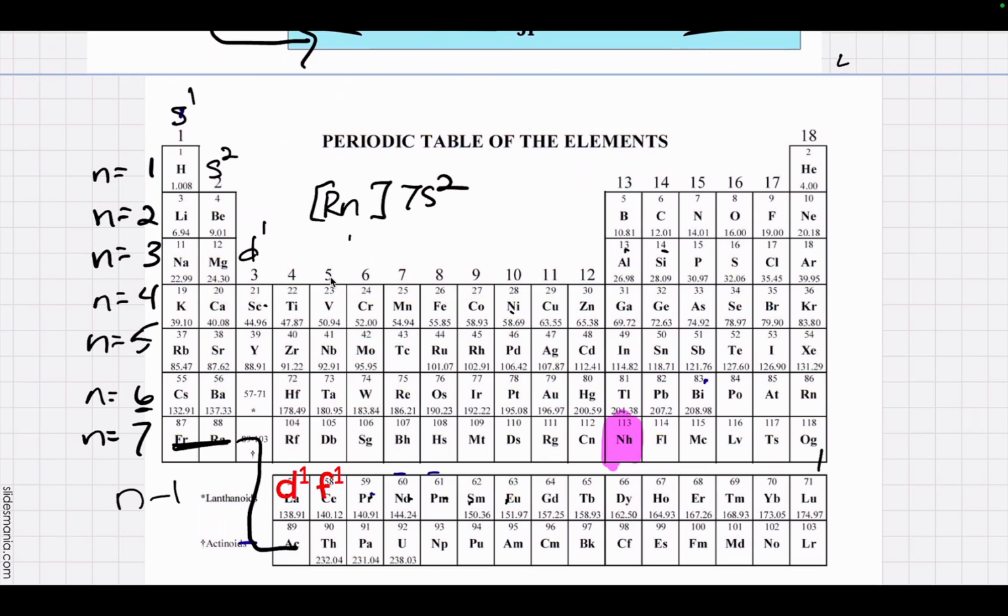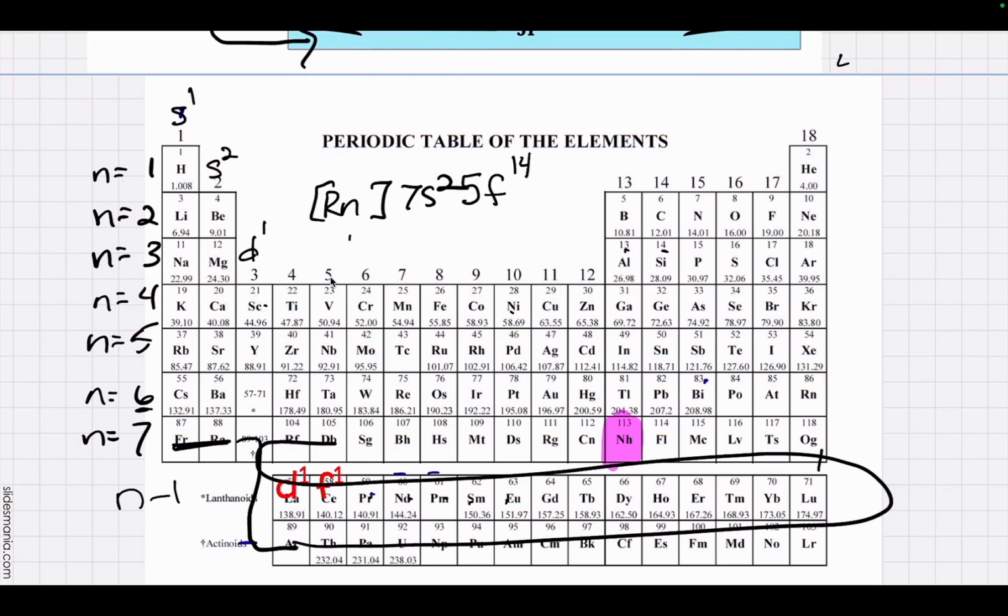It would be 6d1 and then 5f14. But we're just going to right away write the 5f14 because we're going to go back up and fill the d. So then we're going to have 6d10. And then we come out to n equals 7 in the p block, so it would be 7p1. So if you're going to go entirely through the f block, you don't need to write down that d1.